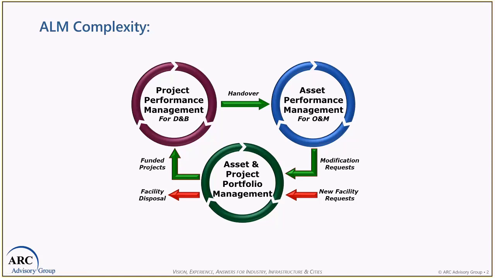And this goes into a portfolio, rank ordered. Those that go above the line become funded projects. And that project then starts this iterative process again. So asset management really doesn't have a start and a stop. We see it as an iterative process.